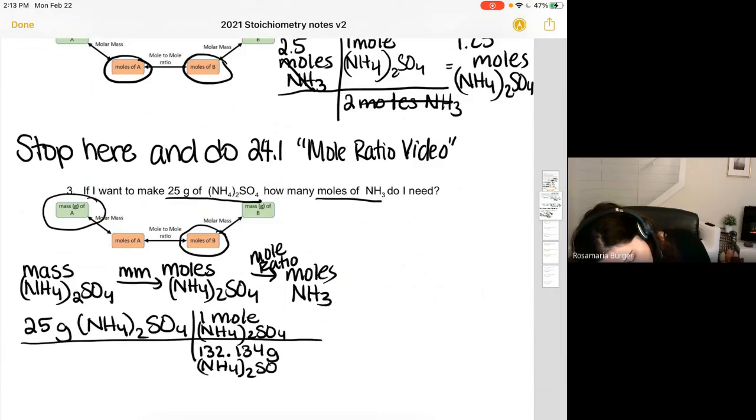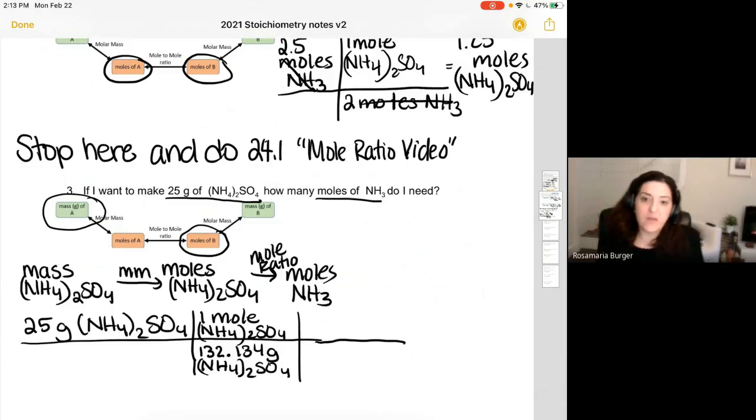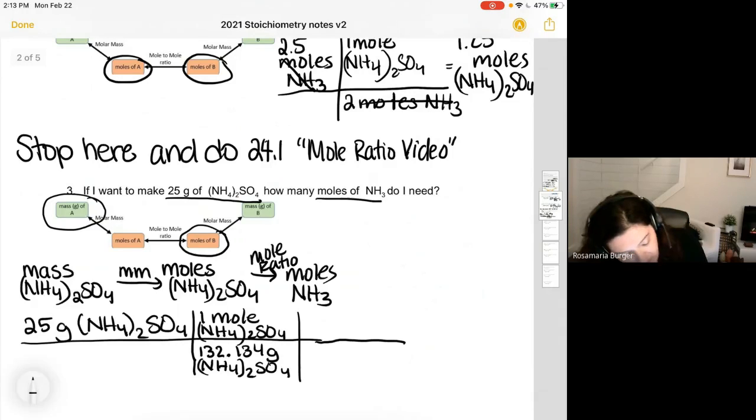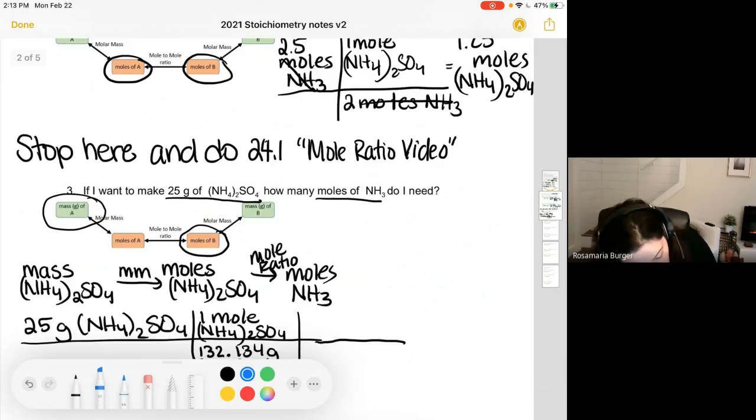This is why I was such a stickler for full labeling, because here we're switching over from grams of this to moles of this to something else. So now we've gotten to, let me highlight my little journey here. We've gone from here to here.